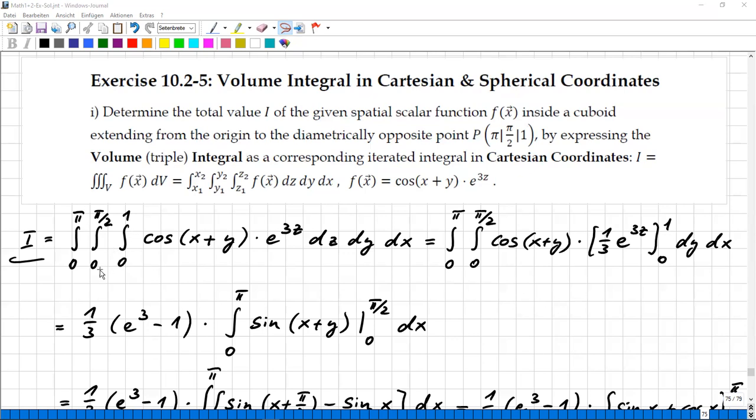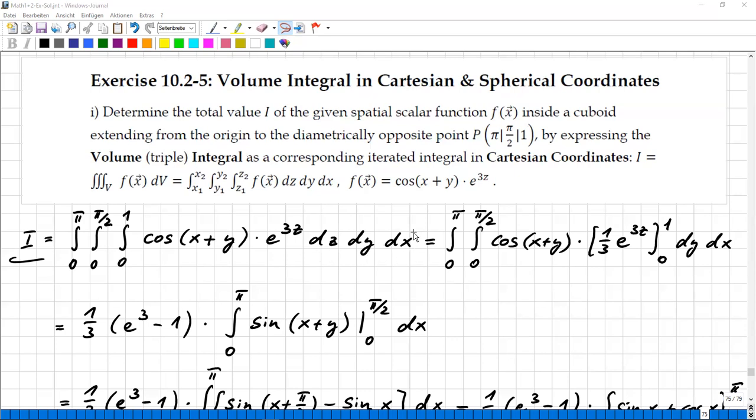And right away I may set up an iterated integral for the three coordinates from inside out, z, y, and x. I may do this because the limits are independent from each other. It does not matter in which order we perform these integrations.